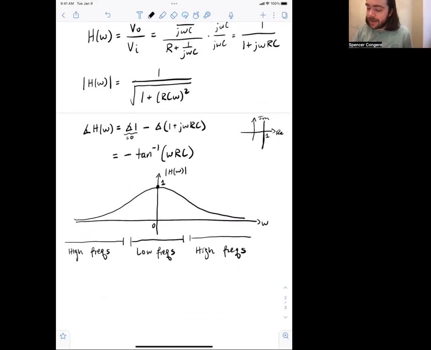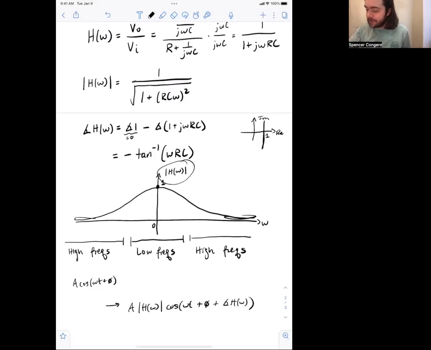Again, the point is that if I put a sinusoid in, like cosine of omega t plus phi, we saw in the last video that what I get out is the magnitude of h of omega times cosine of omega t plus phi plus the angle of h of omega. If this h of omega is close to 0 for these frequencies, then that term would be close to 0, and that means this entire thing is almost 0. That's why it's rejecting those frequencies.